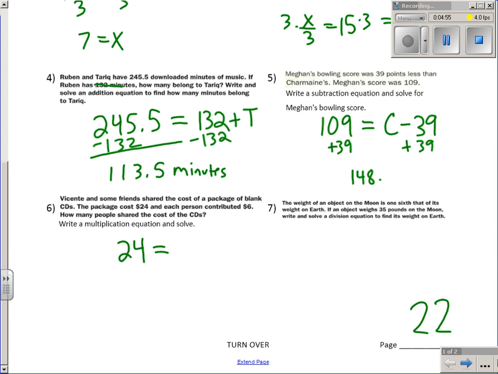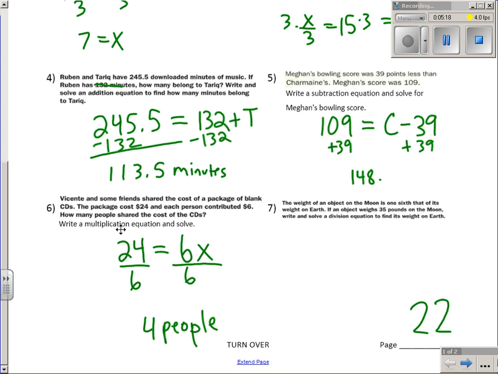And each person contributed $6. So if we want to figure out how many people, we would take the $6 and multiply that by x. And then go ahead and solve for x. And we know that 4 people ended up sharing in the cost of those CDs.